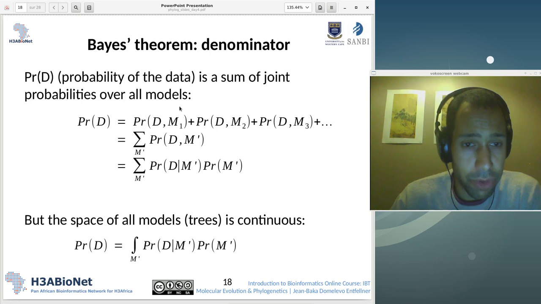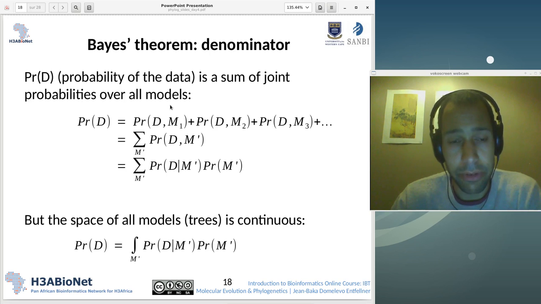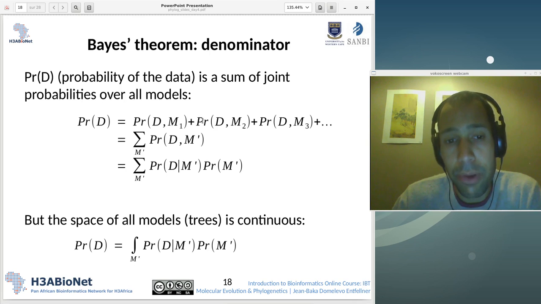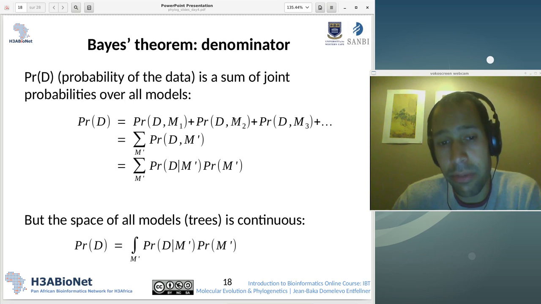It's in fact a sum of joint probabilities over all models. We have a certain number of models, possibly infinite, and if I want to calculate the probability of the data, I can say it's the probability to have the data and model 1 jointly, joint probability D and M1, plus the probability to have the data and model 2, plus the probability to have the data and model 3, etc. You sum them because these joint events are separate.